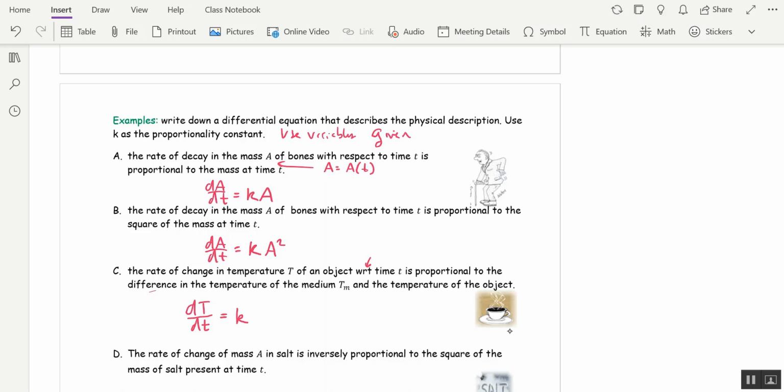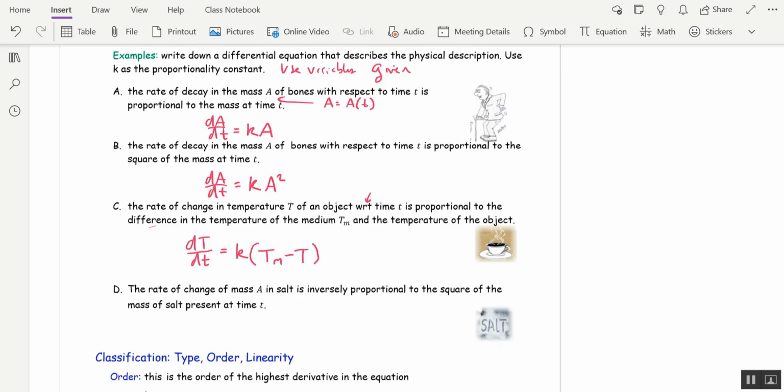Difference in math is subtraction, so I need parentheses. The temperature of the medium is Tm, and the temperature of the object, I'm told, is big T. So the difference is Tm minus T.